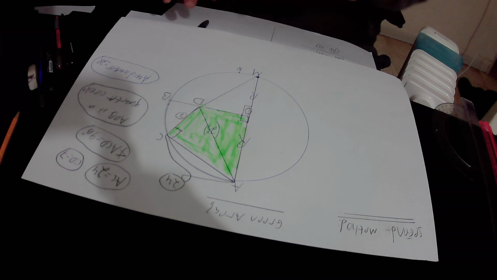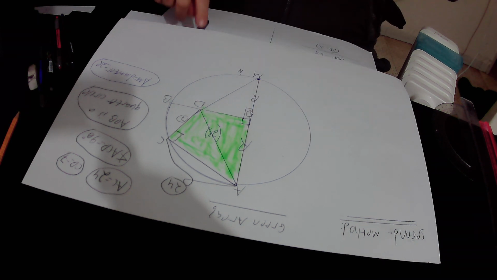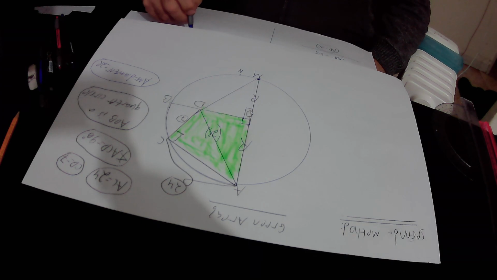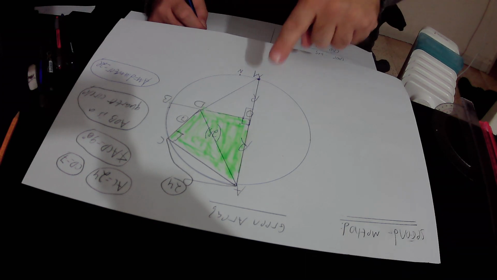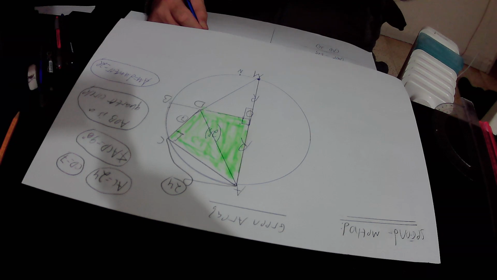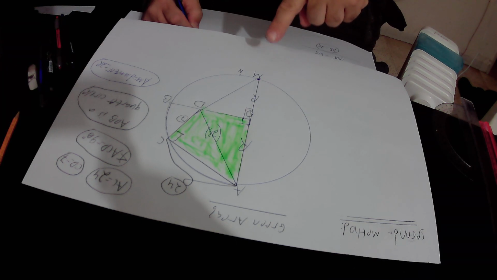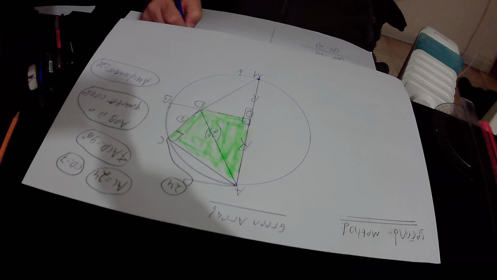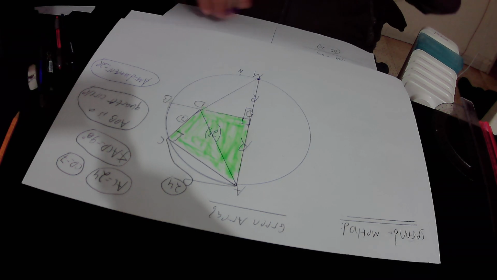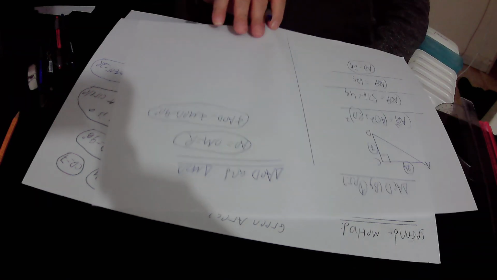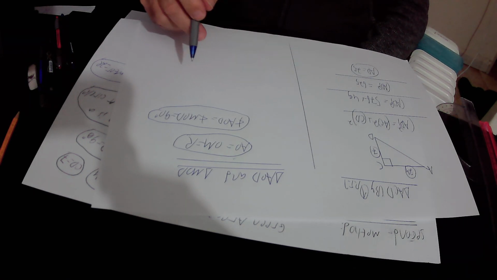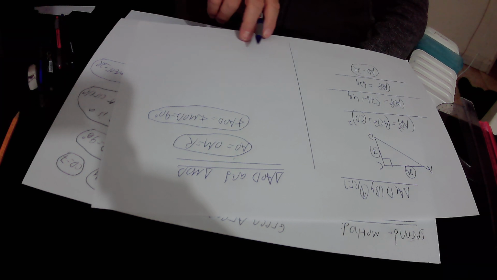In addition, those two angles are both equal to 90 degrees, therefore they are equal to each other. So angle AOD in the green triangle equals angle MOD in the right triangle. They are both equal to 90 degrees, therefore they are equal to each other.